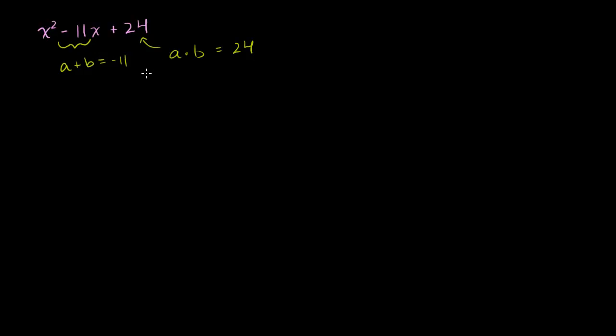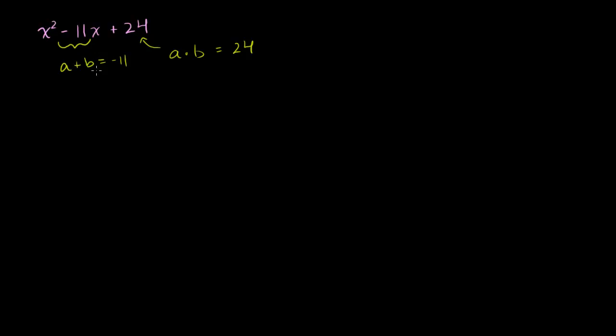Now, there's something for you to think about. When I multiply both of these numbers, I'm getting a positive number, 24. That means that both of these need to be positive or both need to be negative. That's the only way I'm going to get a positive number here. Now, if when I add them I get a negative number, if these were positive, there's no way I can add two positive numbers and get a negative number.